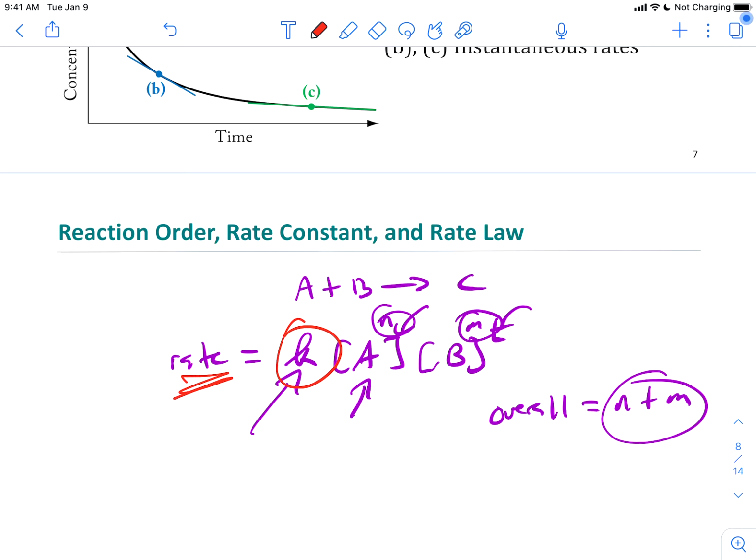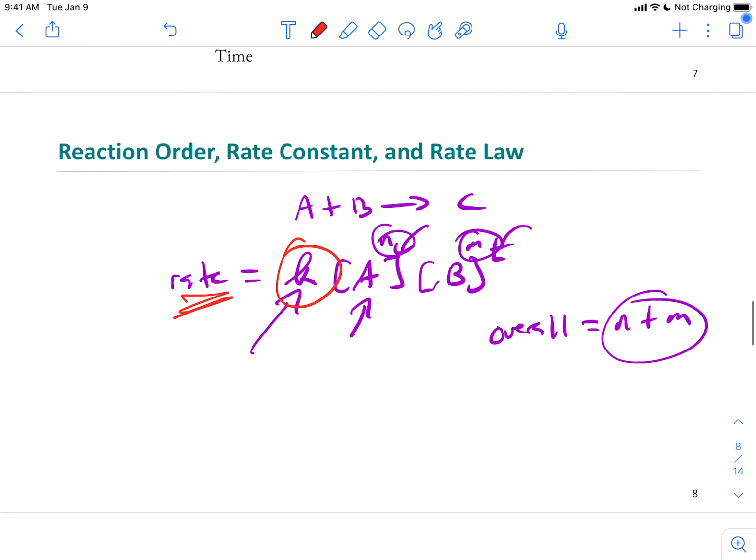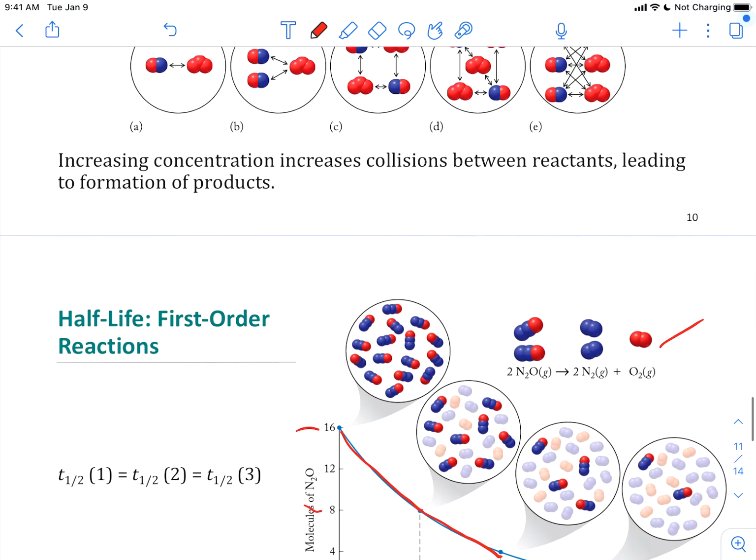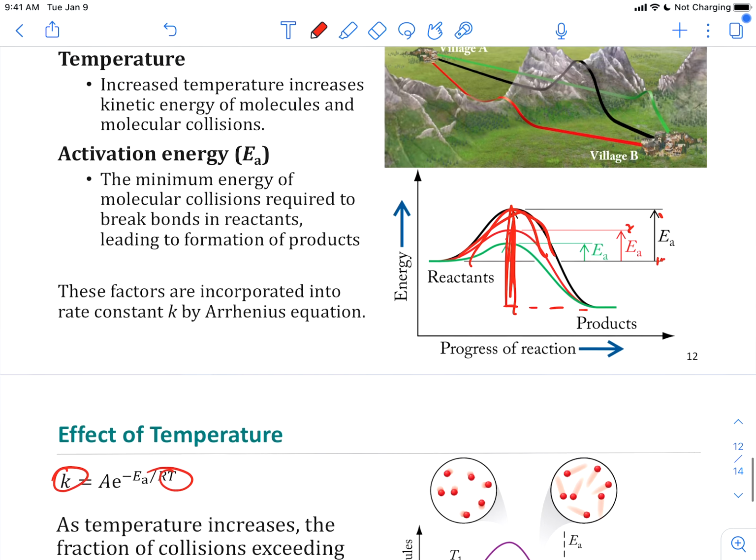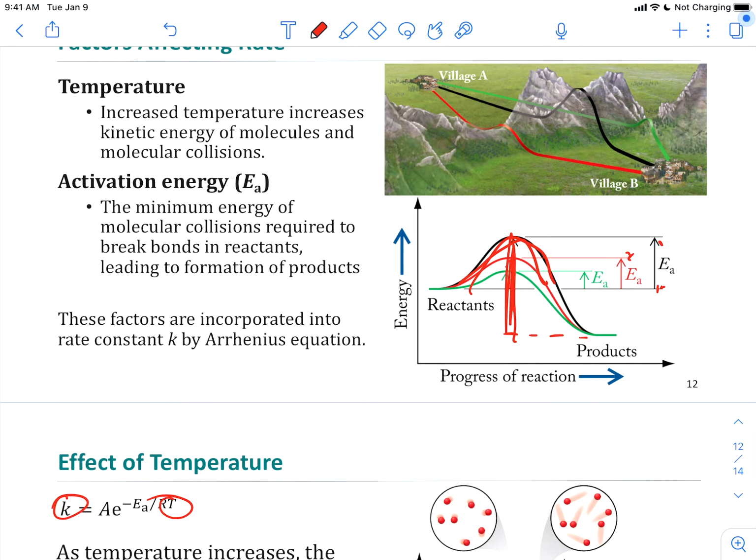But it is affected by temperature, because the temperature can affect the energy of activation, and that changes potentially what's really happening in the reaction. It doesn't actually affect the energy of activation, it affects the number of molecules with enough energy to get over that energy of activation.